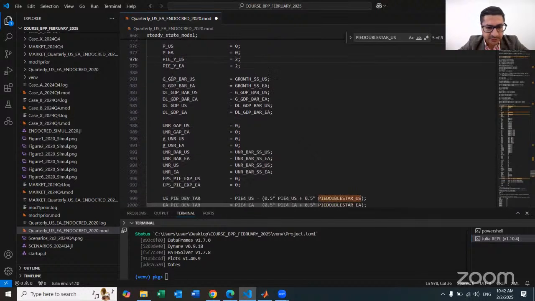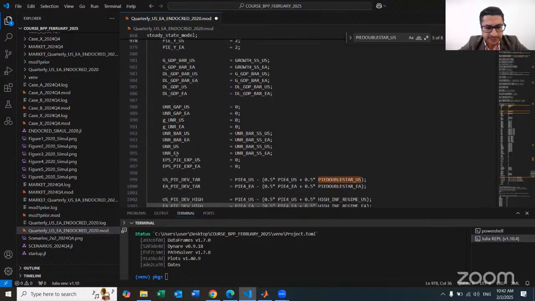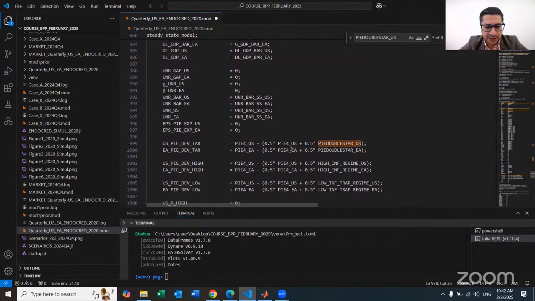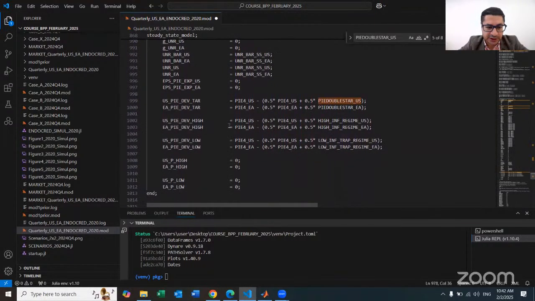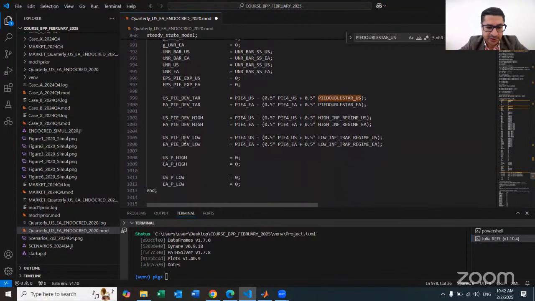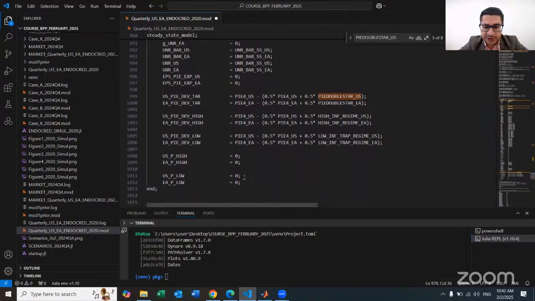And there is some long-run growth of GDP, unemployment is at the natural level. And we're also calculating the probabilities of the high and low inflation regimes.